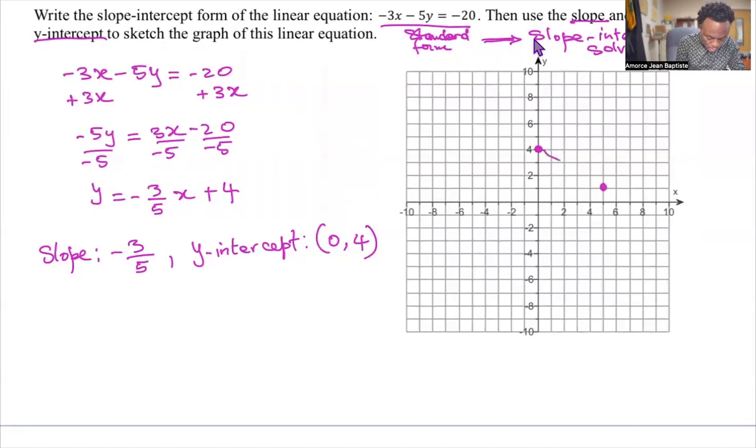We connect. Then we extend the line because it goes indefinitely. Okay.